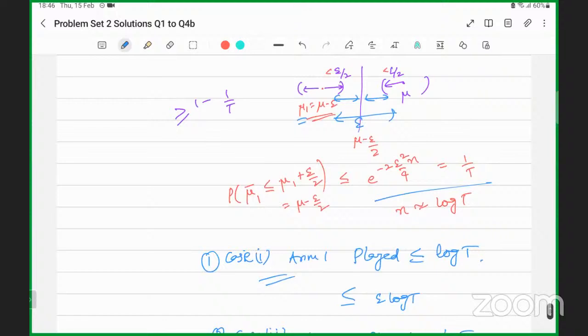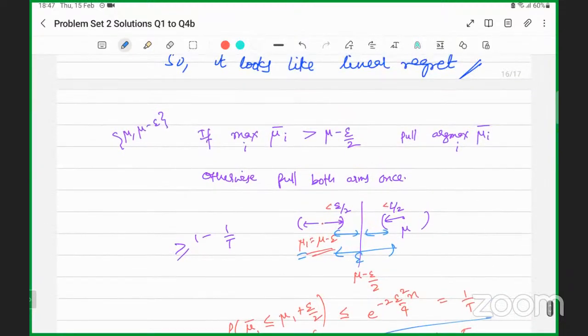If log t times have been reached, the confidence interval does shrink enough so that the left side arm won't cross over the two with high probability, right? So that means the left side arm will always be on the left side, it won't come to the right side.